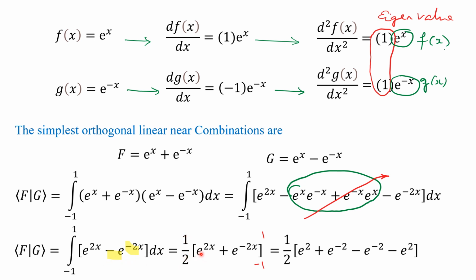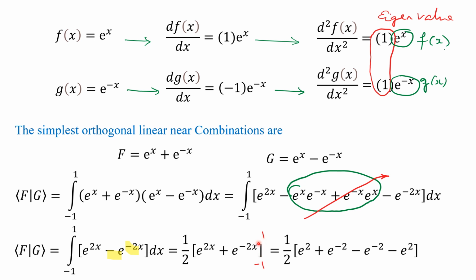Within the bracket, this is e power 2x, and here you can see there is a minus. When you integrate minus 2x, you will get 1 over minus 2, so this minus and this minus will become plus, plus e power minus 2x. Now you have to apply the limit minus 1 to plus 1.